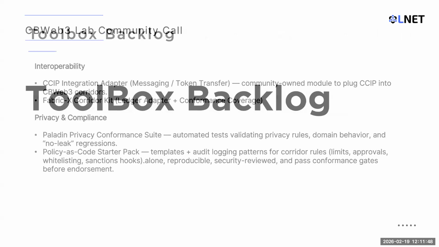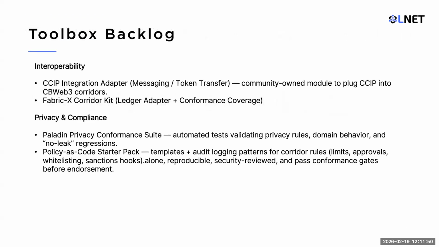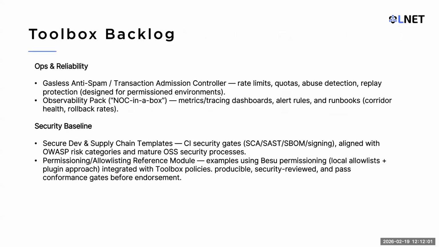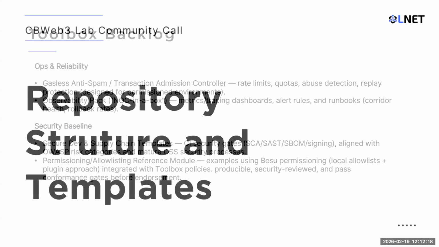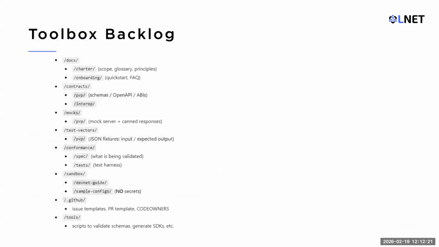And the backlog is based on four main modules: interoperability, privacy and compliance, operations and reliability, and security baseline. You can see here all of these different issues are already created in the project that I just showed you, and that is the structure of the project.